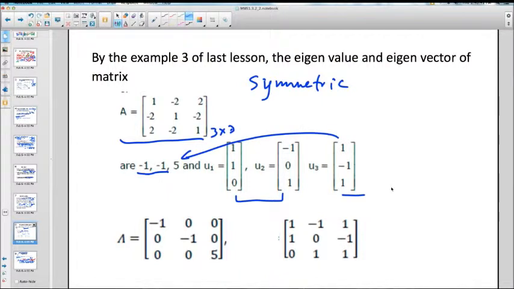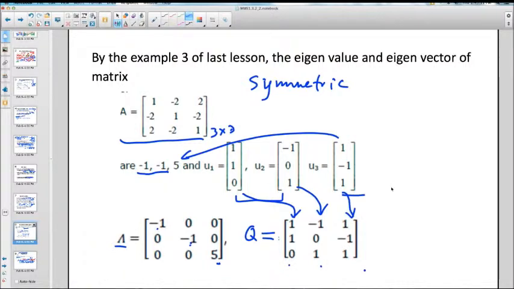So lambda is made by the diagonal matrix of the eigenvalues, and this is my Q. The first column is the first eigenvector, the second one the second eigenvector, the third the third eigenvector. The order is very important because my order is lambda 1, lambda 2, lambda 3, so in the eigenvector matrix Q it should be v1, v2, v3.